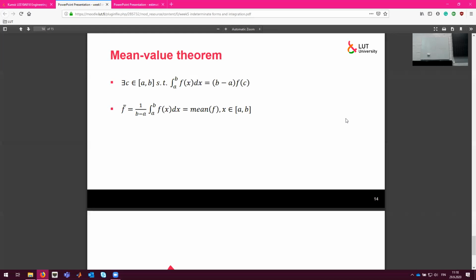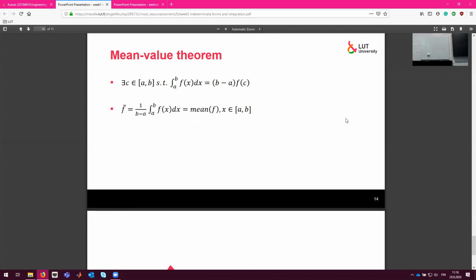This f with a line on top of it is not the vector f, it's the mean value of f. And if we put it the other way, if we want to calculate the mean value of a continuous function, we cannot just take the point values of the function and calculate the mean based on that. If we know the integral, we can divide the integral by the length of the interval, and we get the mean value of the function.